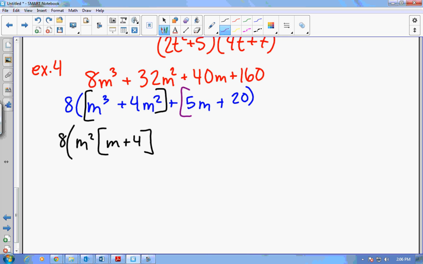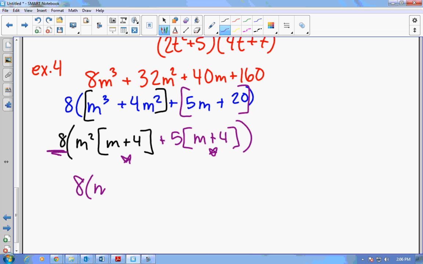Next group, what do those have in common? 5. And if I factor it out, I get my match. Matchy. So, an easy thing to mess up on is that 8 on the outside. Don't drop it. I have my match, and m squared plus 5.